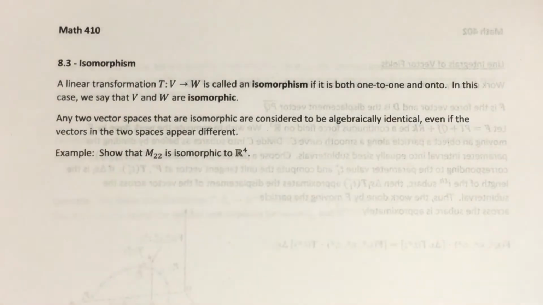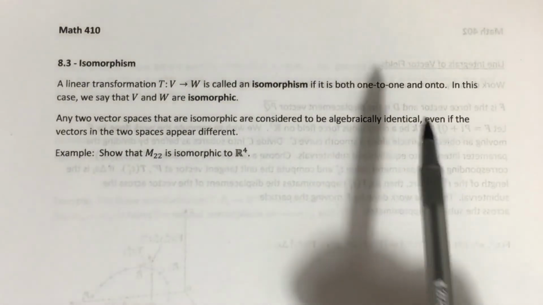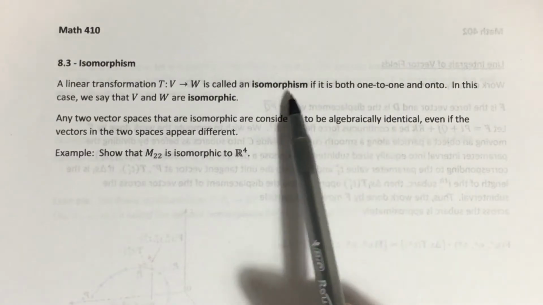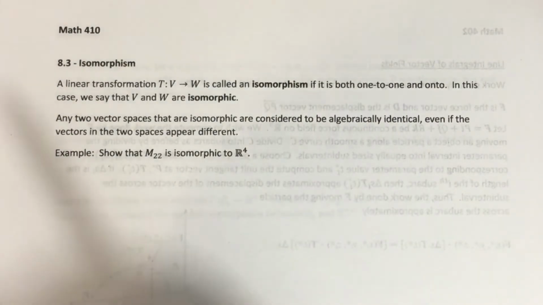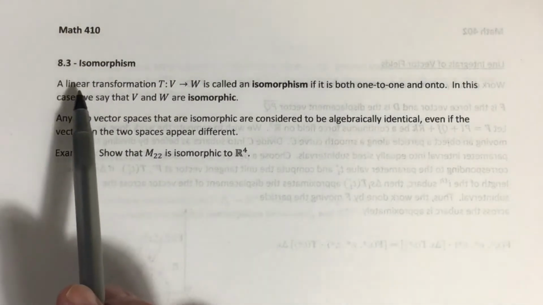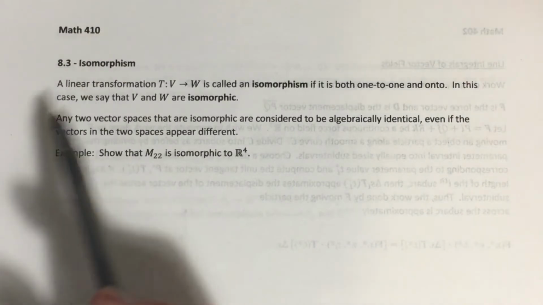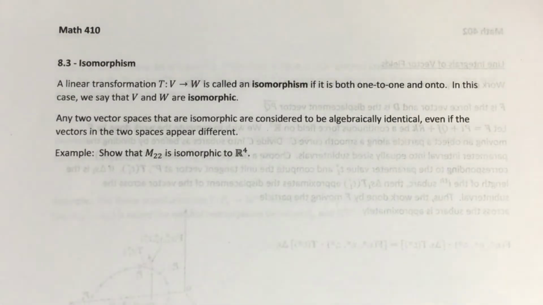But for any one of those types of algebraic structures, there is a concept of this thing called an isomorphism. And it's always defined in a very similar way. You have both 1-to-1 and onto as properties of that function. And then you have something called an operation preserving property. For us, that operation preserving property is what's called a linear transformation. That's what this is in the context of vector spaces.